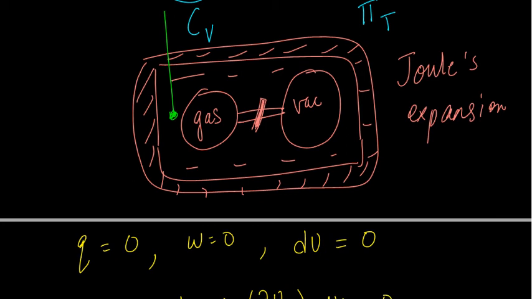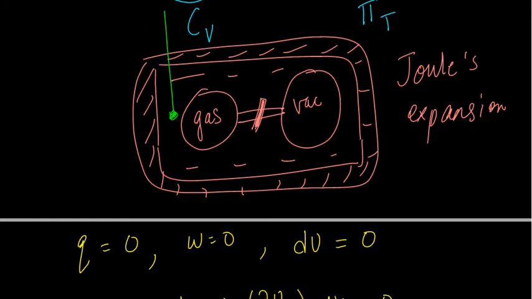Now, the thing is that Joule used a large reservoir of water. Second thing, water has a huge specific heat. So what does it mean? What does specific heat mean? Can I raise the temperature of this material or not?